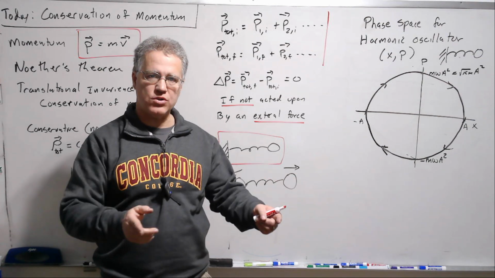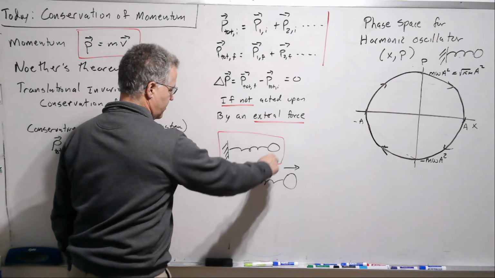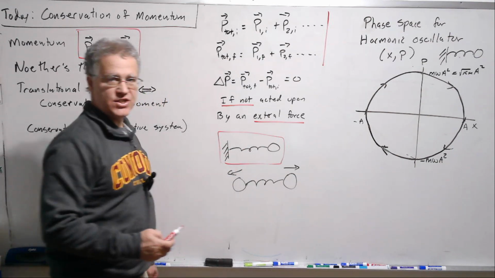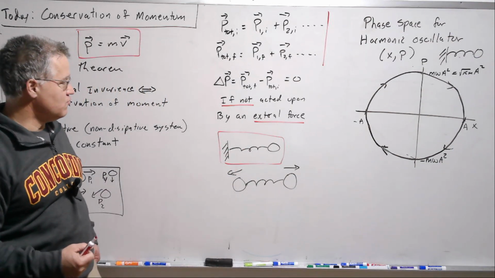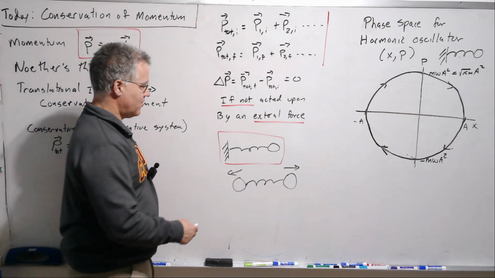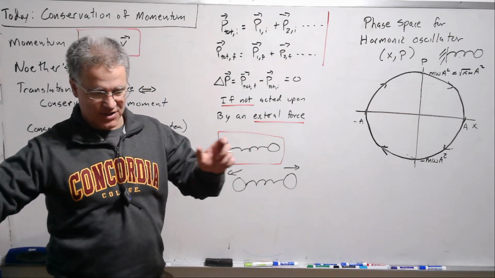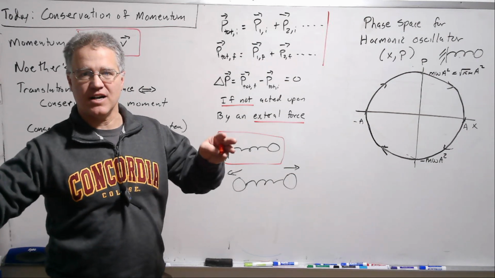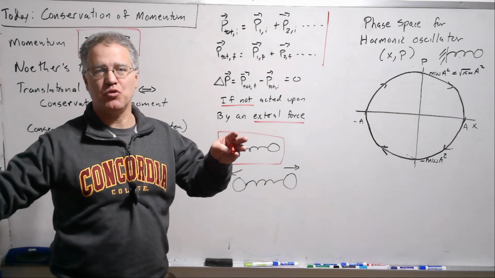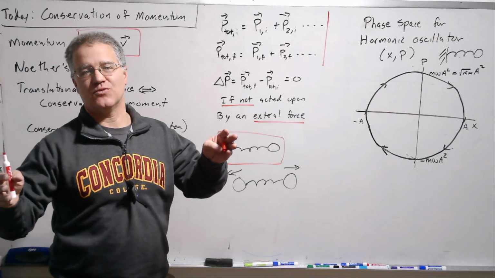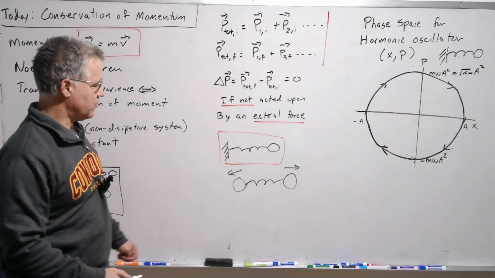And so the total system is what's in the box here, and we just don't see that wall move in a sense, although if the wall's attached to the earth and this little ball is vibrating on it, it is pulling that earth towards it as well. It's just not at all noticeable.